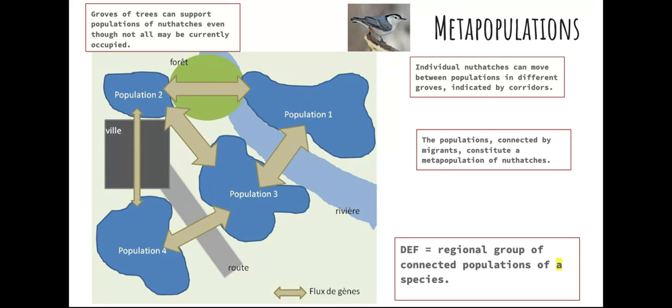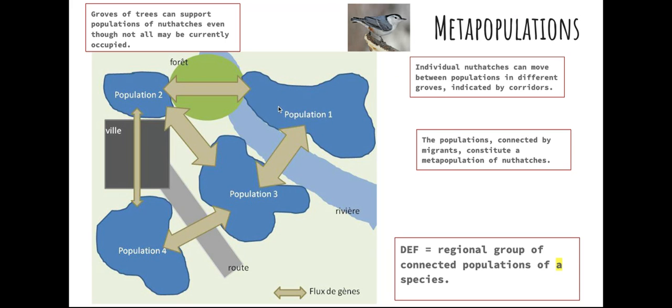So what would be a metapopulation? A metapopulation is a group of individuals of a species that are migrating from one area to the next. Okay, so this population doesn't represent the overall population in an area. If I have n number of individuals, that doesn't mean that all of those individuals are moving through the corridor.